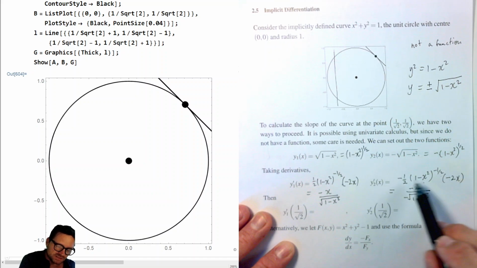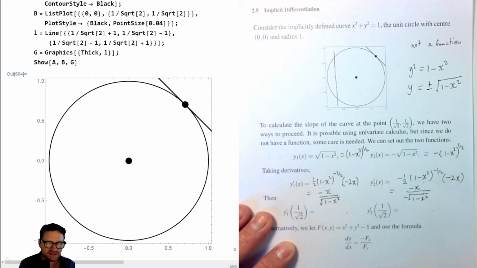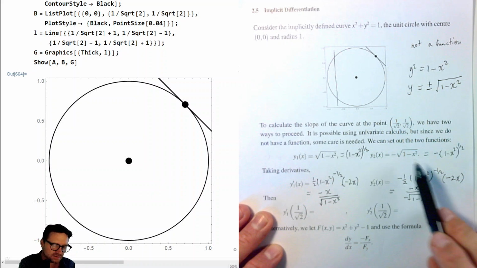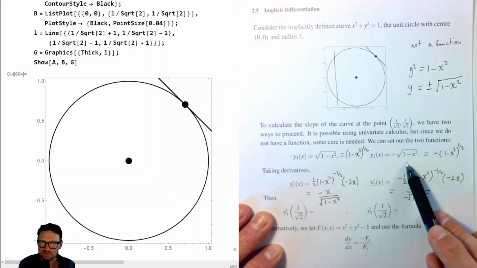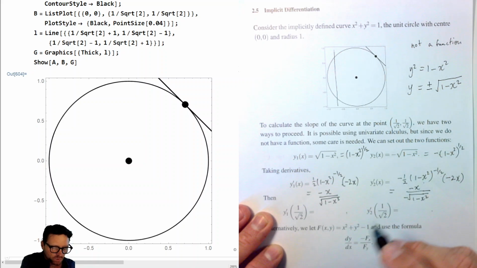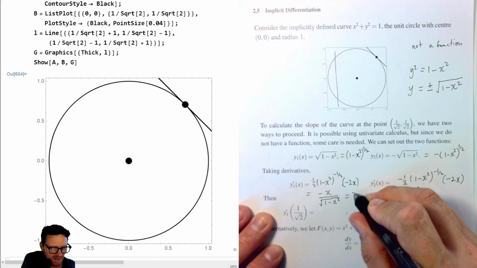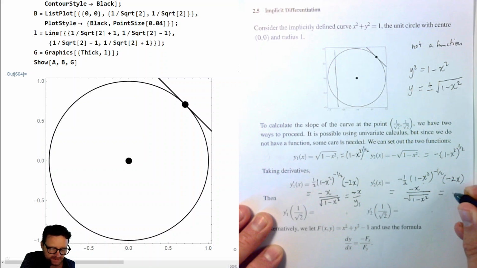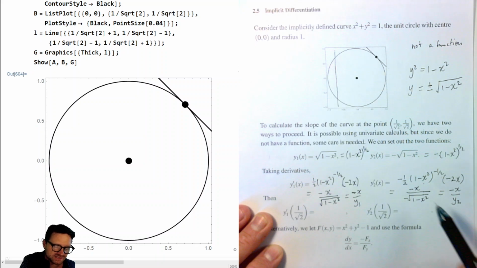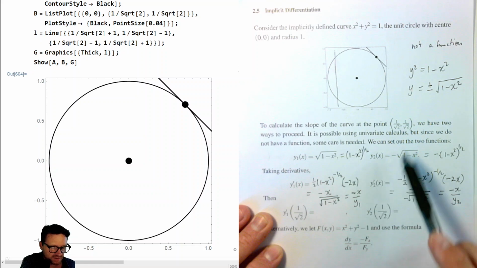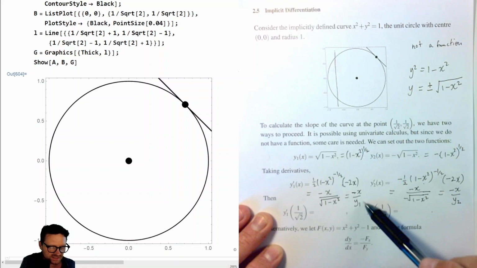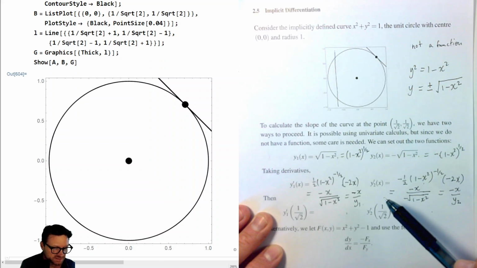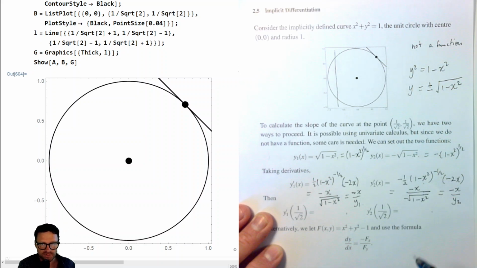This gives us a plus because there are two minuses, but I've kept the two minuses in there for this one because y2 is minus the square root of 1 minus x squared. So we can write this as minus x over y1, and we can write this one as minus x over y2, right? Which allows us then to easily take the value of the point, sub into the x and the y value, and get the slope of this curve at the point 1 on root 2, 1 on root 2.